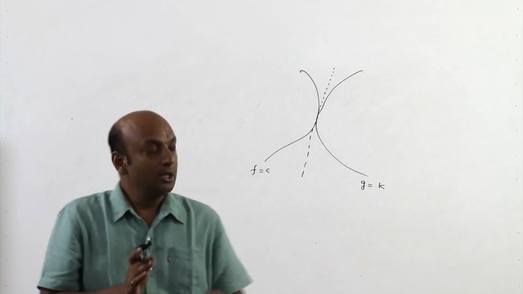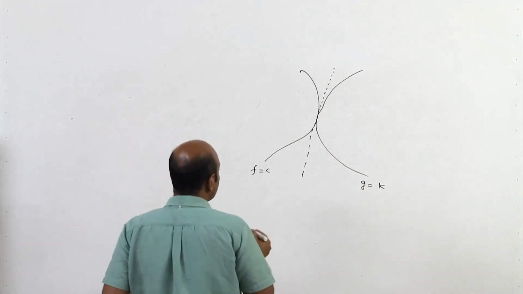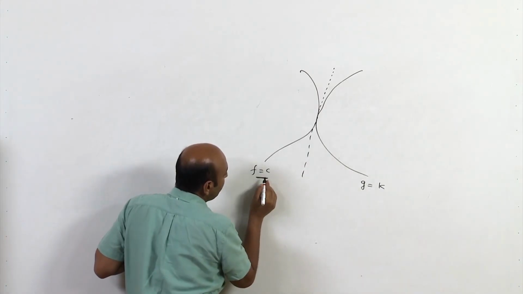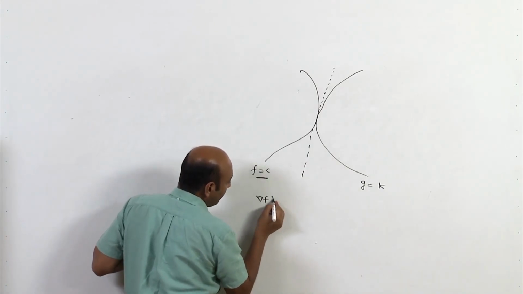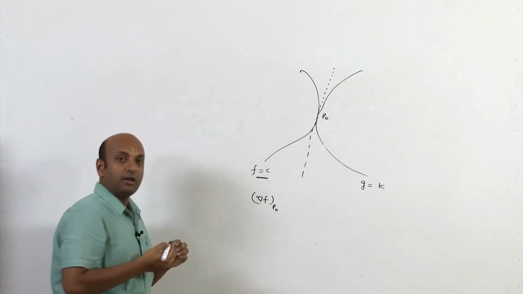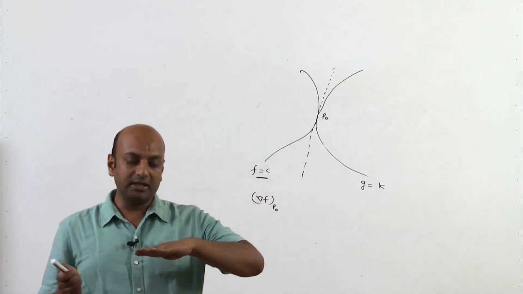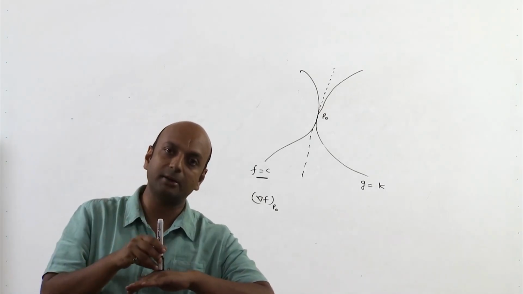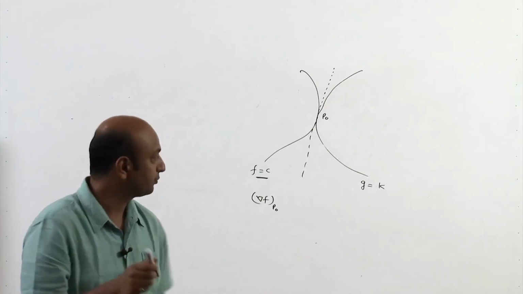Okay. Now, how to find the equation of tangent line at this point? Now, gradient of f, suppose this point is P naught, at P naught will give a vector normal to the surface at P naught. Okay.